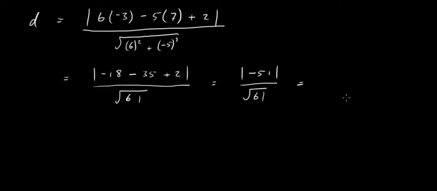When you do that, you actually get 51 times the square root of 61 over 61. If you type this into your calculator, this is the way. You can write this to 2 or 3 or 4 decimal places, whatever way you're asked for in the question. But this here is effectively our distance.